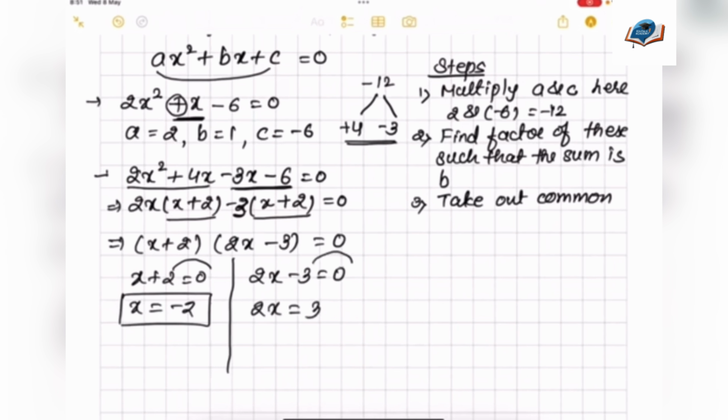These are the two solutions of the quadratic equation. The fourth step which I have used is taking the bracket common. So I got my solution.